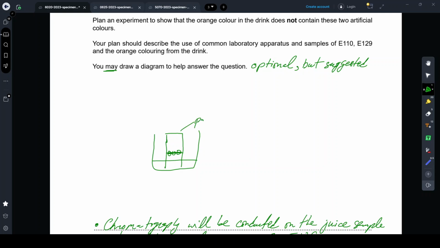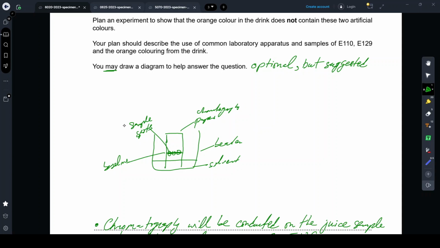This is the chromatography paper, this is a beaker, this is the solvent, this is the baseline, and these are the sample spots.